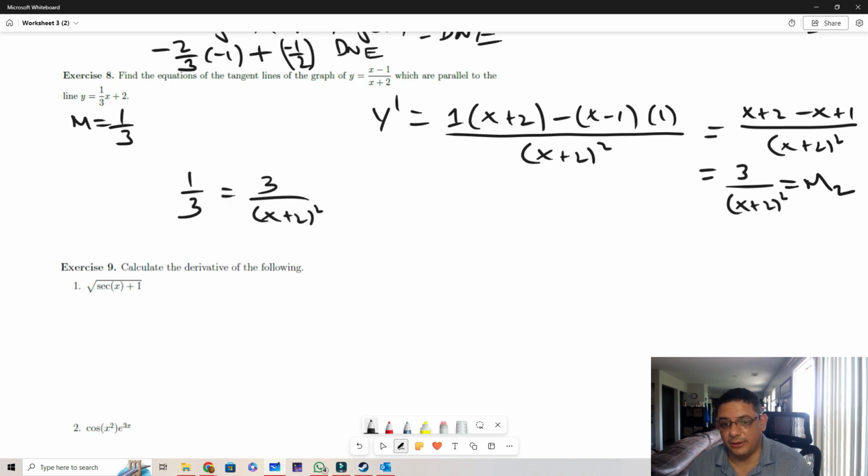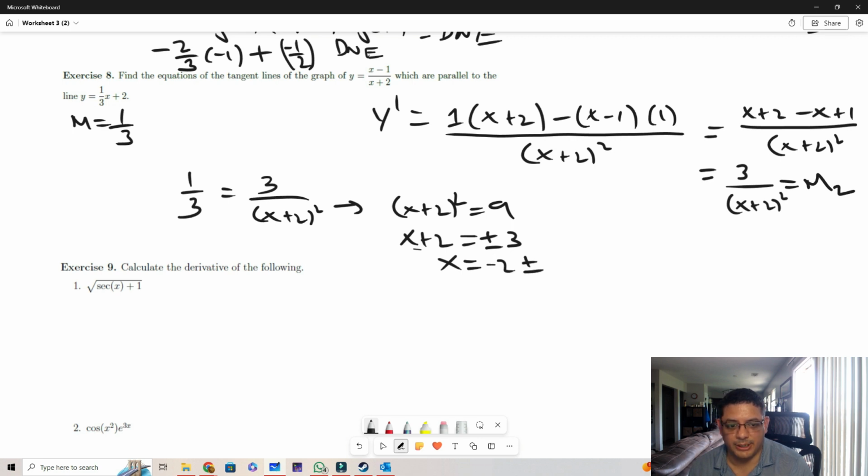And so we can find the x that gives me that. This is x plus 2 squared equals 9. If I take a square root on both sides, x plus 2 gives me plus or minus 3. And so this means that this is going to be minus 2 plus or minus 3. So I have two options. Either x equals minus 5 or x equals 1.